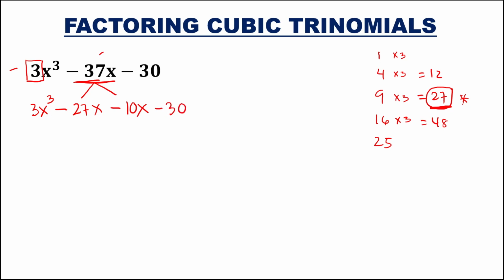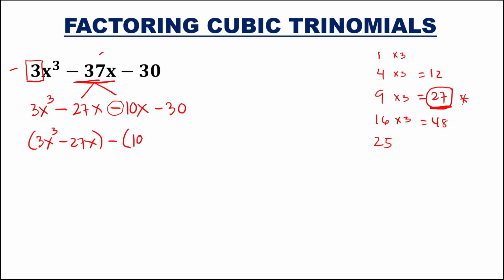Then from this, we need to group. So the first group is 3x to the power 3 minus 27x. Then for the second group, since this one is negative, put the negative outside.